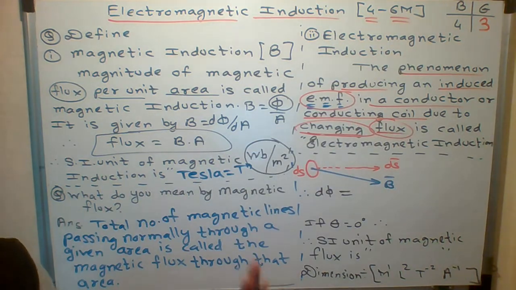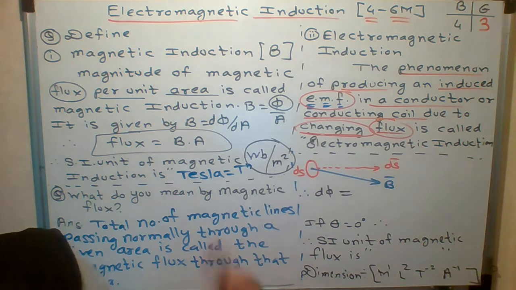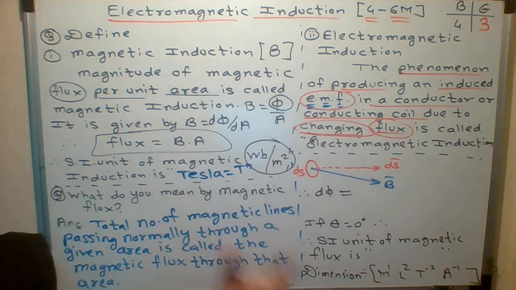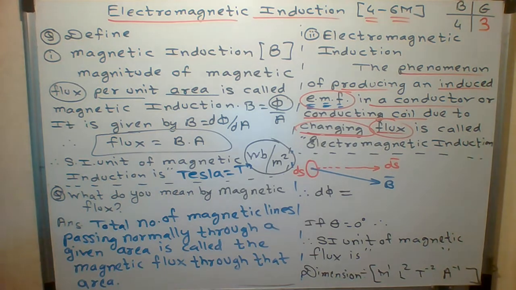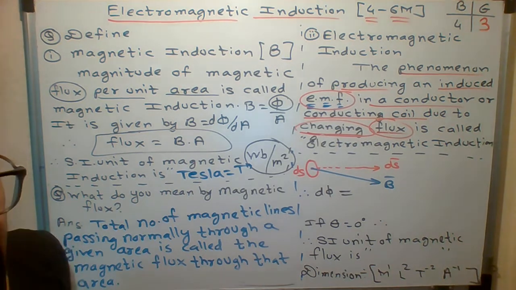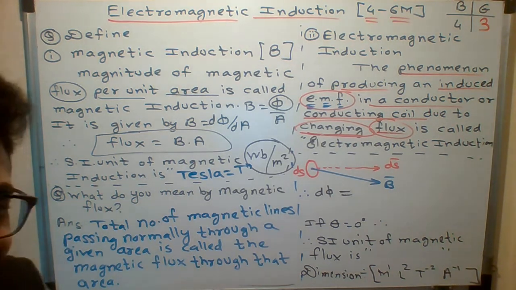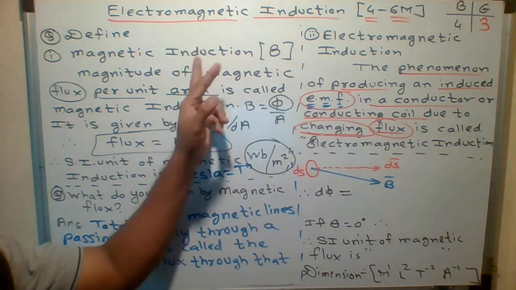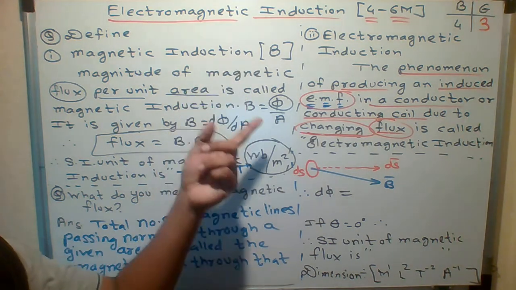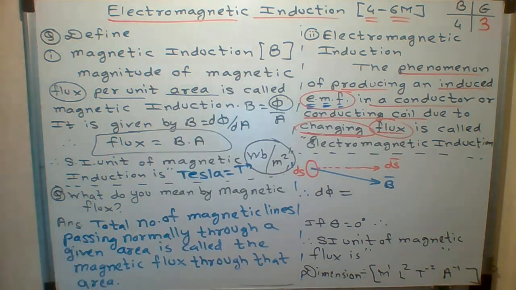Only remember this, because in the next question I will explain using some concepts and a diagram. Don't worry, now just understand the definition. Electromagnetic induction is the process where EMF, that is voltage, is induced due to change in flux. Magnetic induction is flux per unit area.